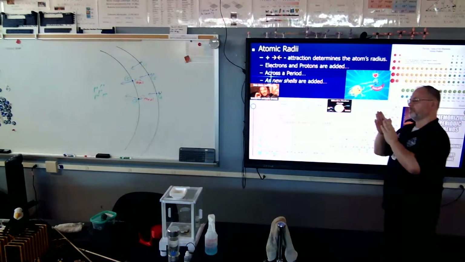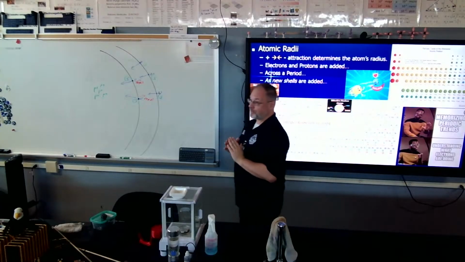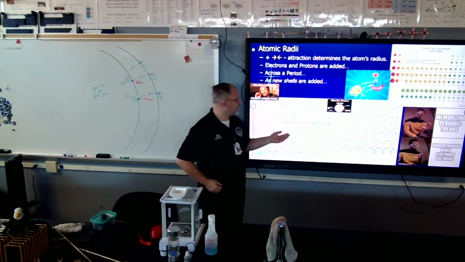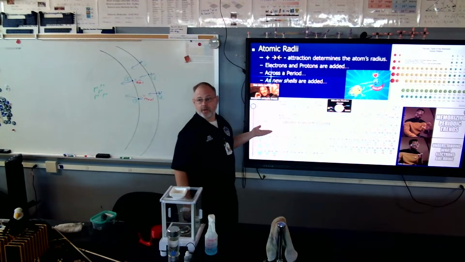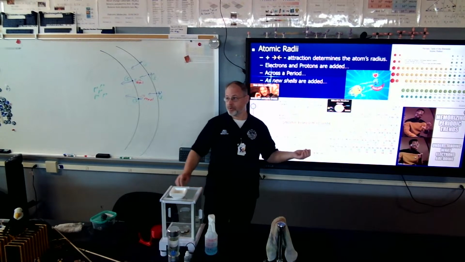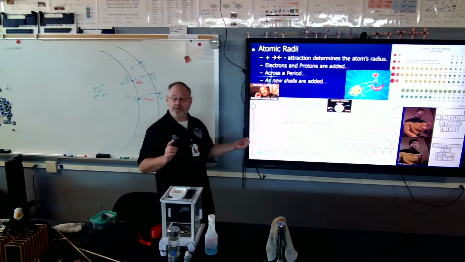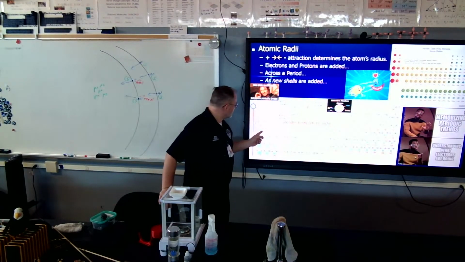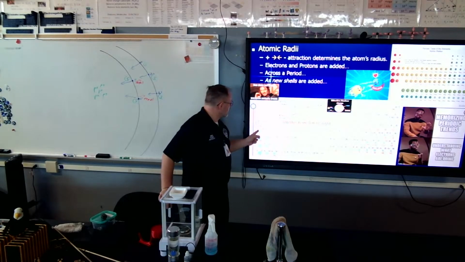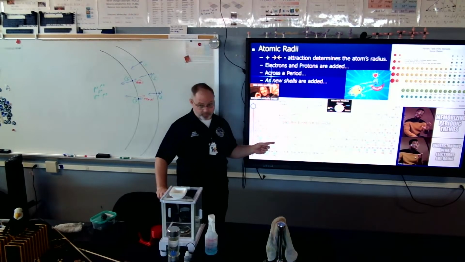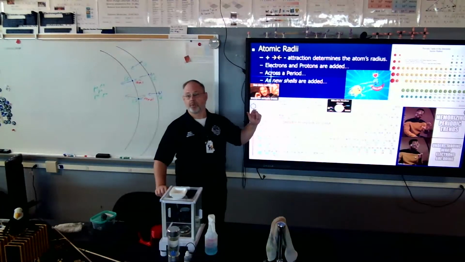I'm recording this. The correct answer to why is calcium smaller than potassium will not be because this property gets smaller from left to right.